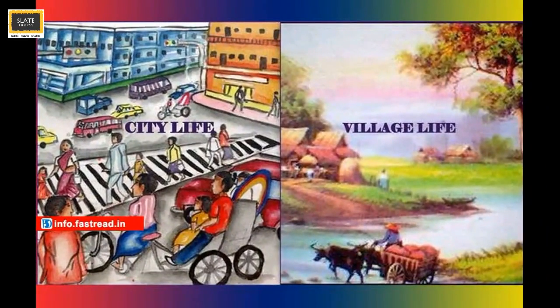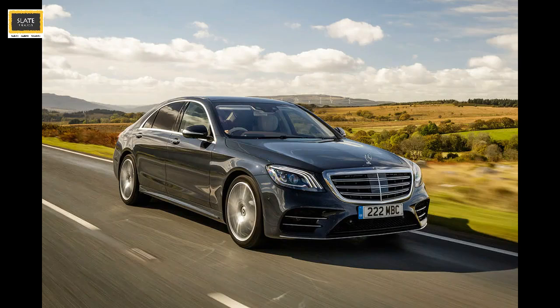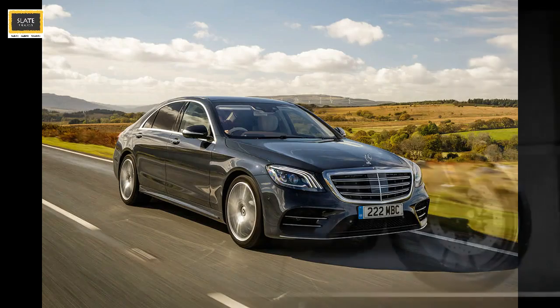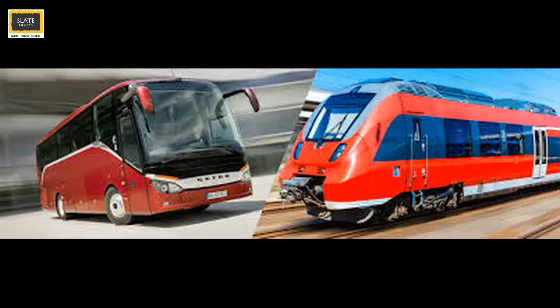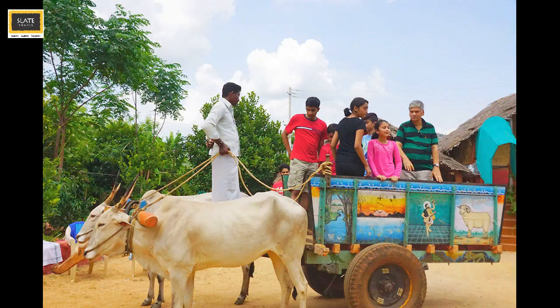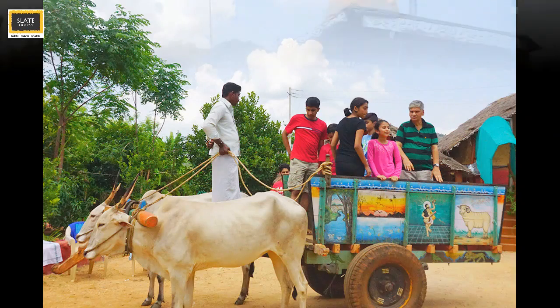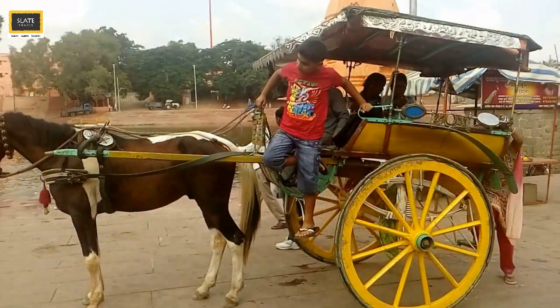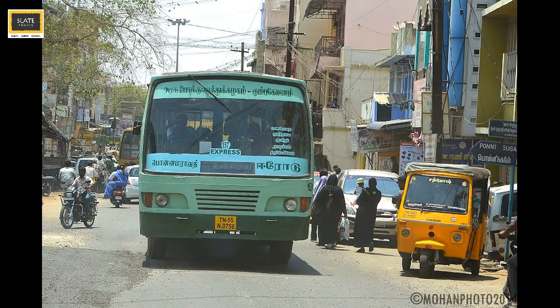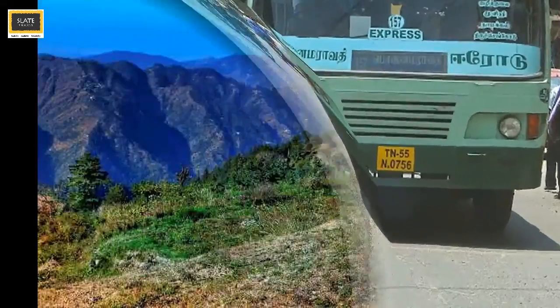So slaters, you all must have seen specific vehicles in specific places. In cities, we see many modern and fast-moving vehicles like cars, motorbikes, trains and buses. In villages, people used to travel by bullock carts and tongas. However, in recent times, due to improvements in roads and improved connectivity of villages and cities, people also use cars, buses and motorbikes in villages too.